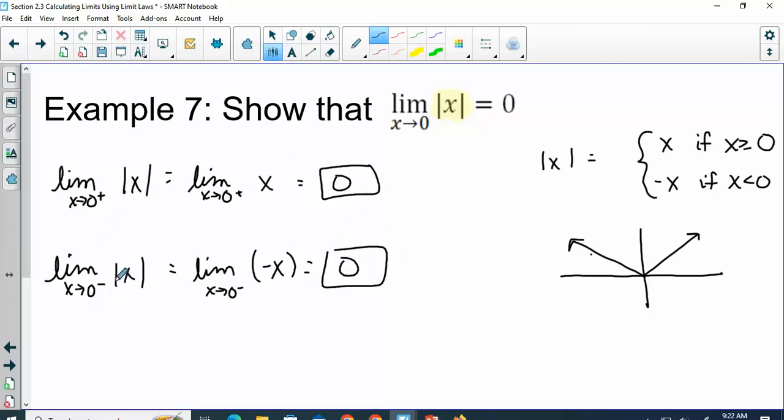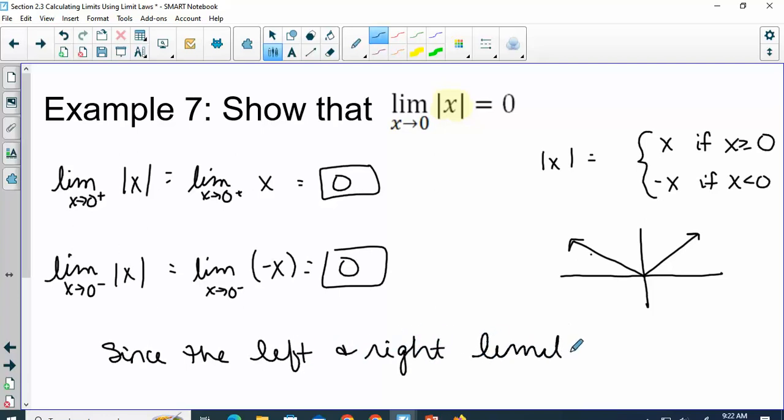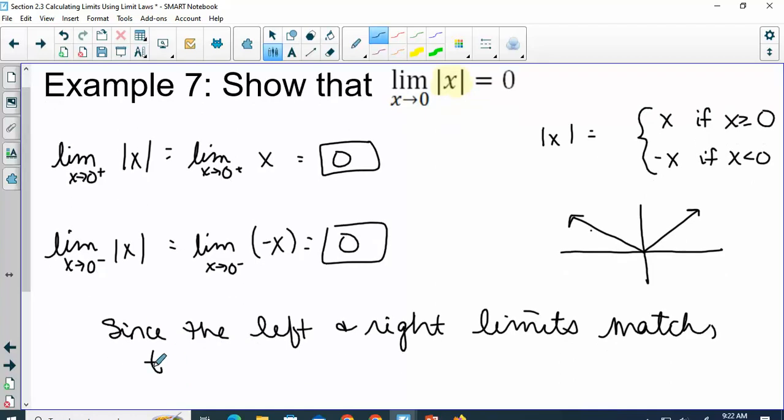So the left hand and right hand limits match. That means the overall limit is the same.